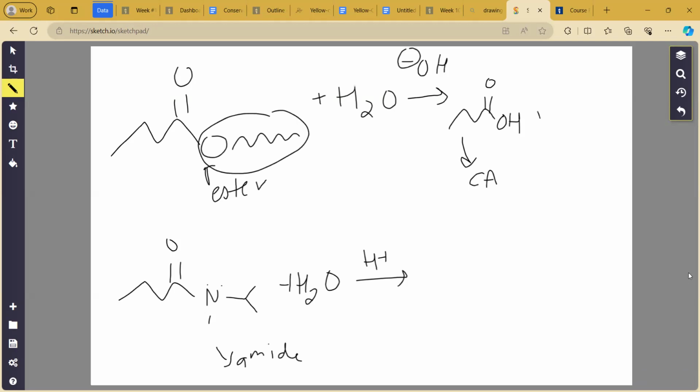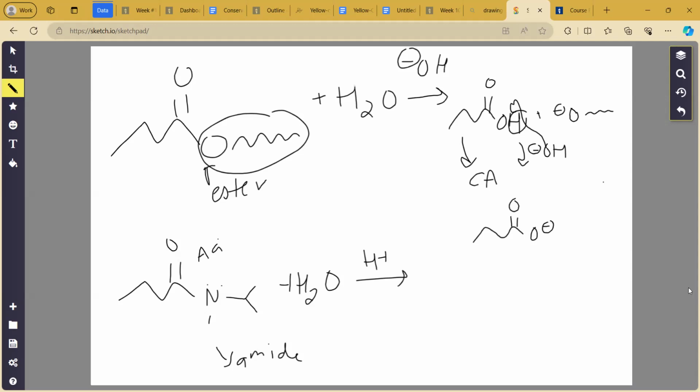This is popping off. And see how I just had this random group attached to it? It's to show that it could be anything there. So since this is an acid, it's going to react again. This is going to take that hydrogen off. So that's for a base.